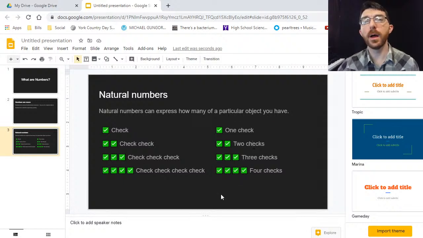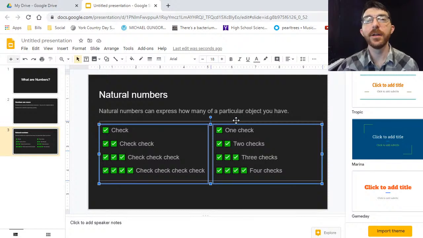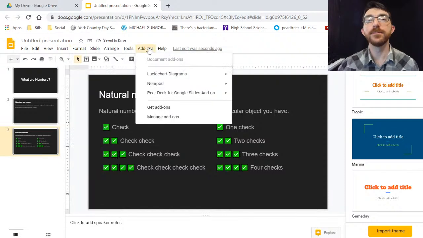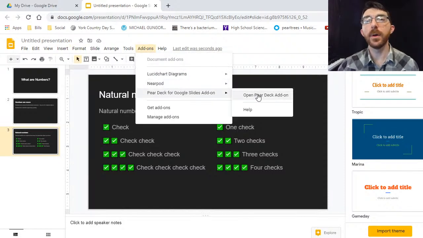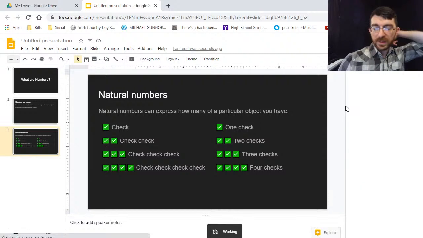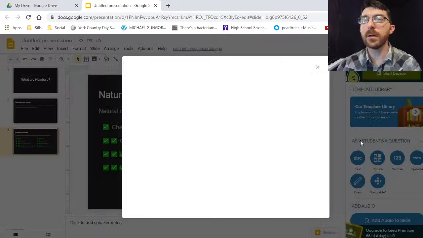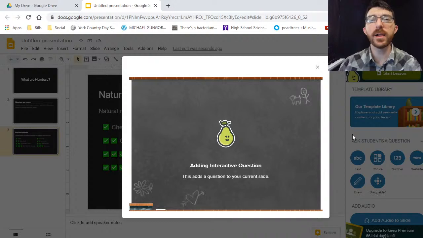So, all right, here's an interesting question. Can you have 0 of an object? Does 0 count as a natural number? Okay. Pear Deck time. So open Pear Deck add-on. I'm going to make this be a text question where people can answer with text, because ordinarily this would be the kind of thing I would just ask the class.